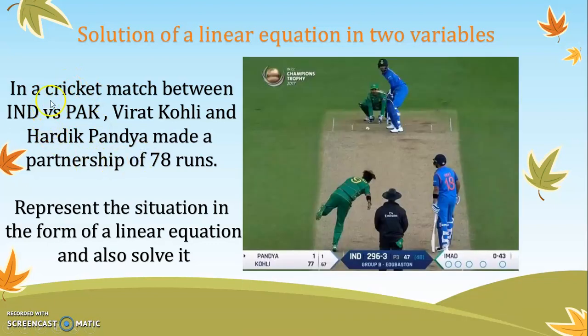There is a cricket match happening between India and Pakistan, and Virat Kohli and Hardik Pandya together made a partnership of 78 runs. Partnership means this person contributes his runs, the second batsman contributes his runs, and together they have made 78 runs. Represent this situation in the form of a linear equation and solve it.